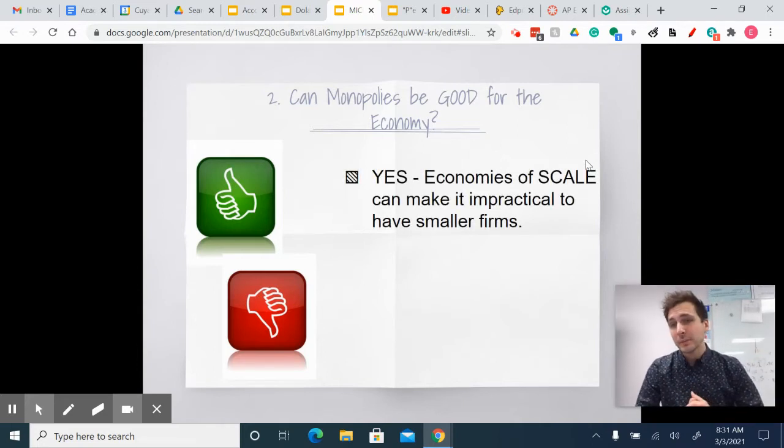Monopolies sometimes have incredible economies of scale. If you remember a long run average total cost curve, economies of scale mean that they can produce goods for a really, really low price or low cost, which is a more efficient use of our resources. So if they have incredible economies of scale, it might be impractical to have smaller firms take over.